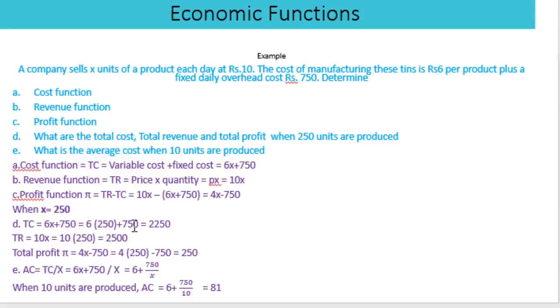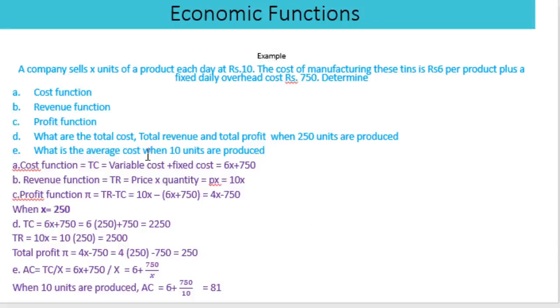That is 6 into 250 plus 750, that is 2250. Then the total revenue function is 10X, 10 into 250, that is 2500. Profit we can find from this, or we can apply the profit function 4X minus 750. That is 4 into 250 minus 750 equal to 250.